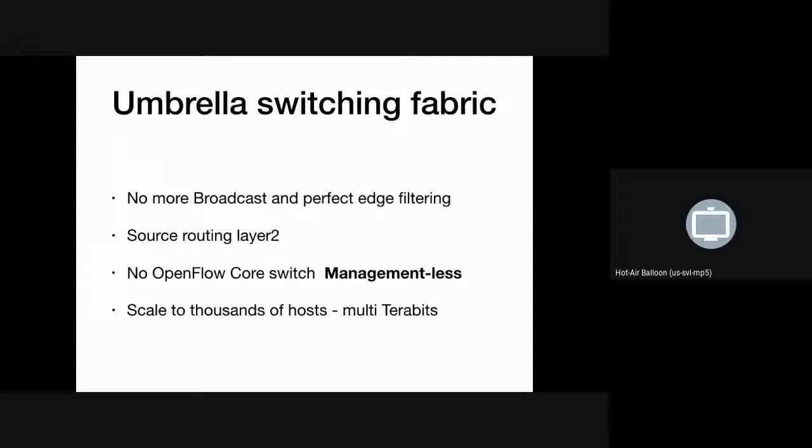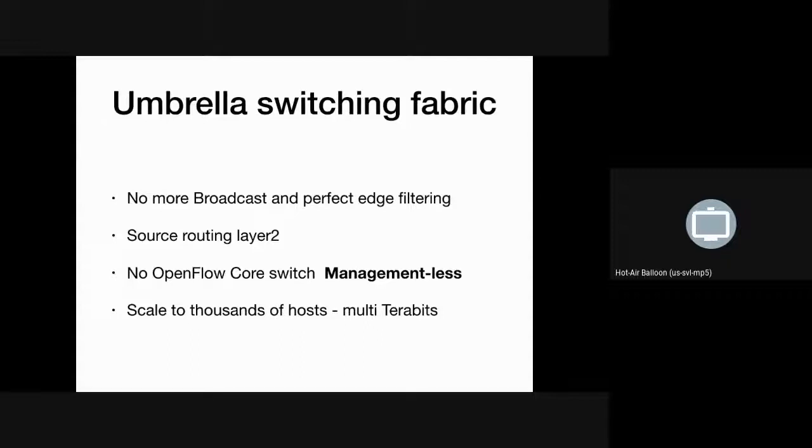The Umbrella switching fabric is work I did during my thesis from 2012 to 2016, and it is actually in production at an Internet Exchange in Toulouse for some time. It scales even to thousands of hosts and could be multi-terabit as it is.